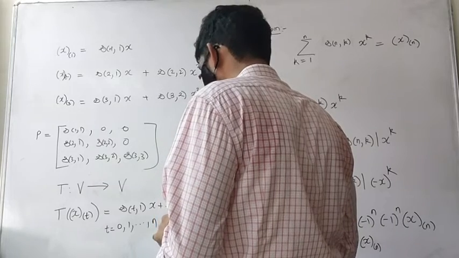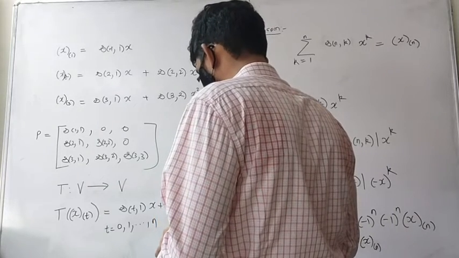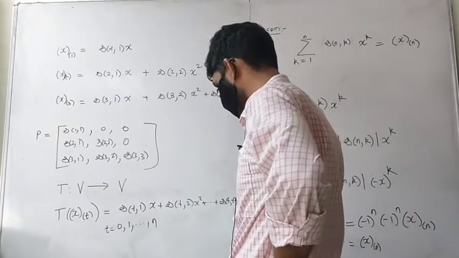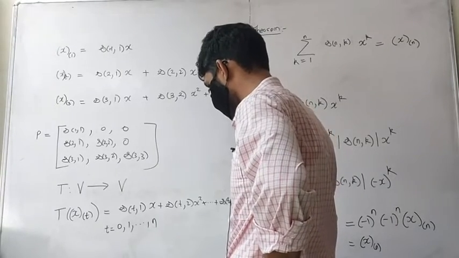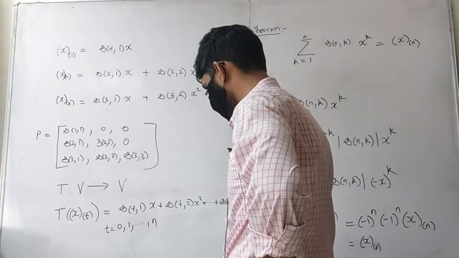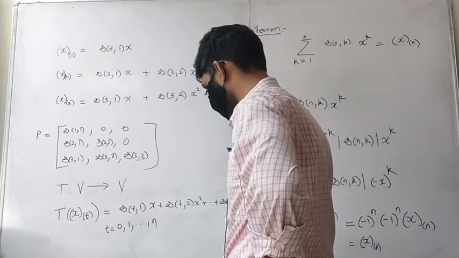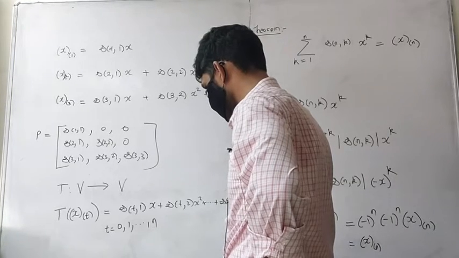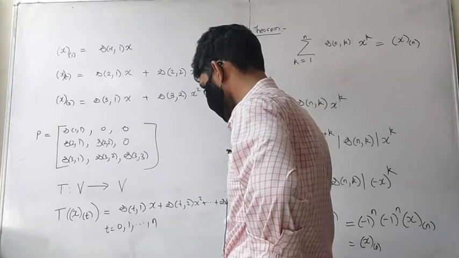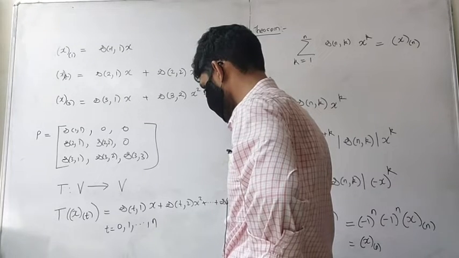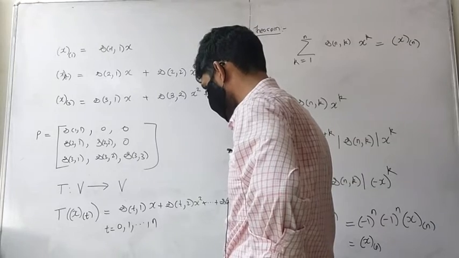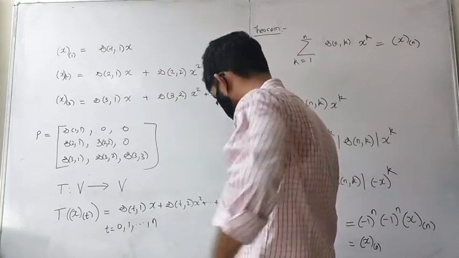This is going to give me the identity map. I think I'm making an error.